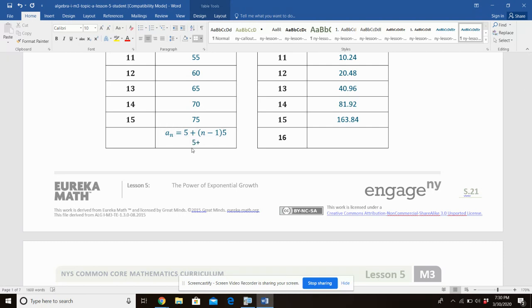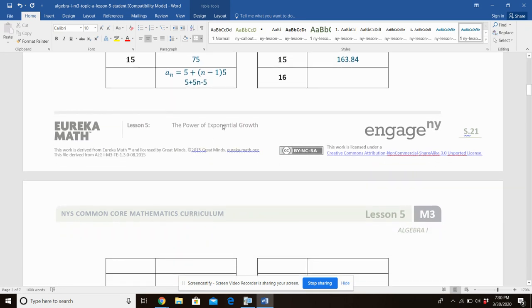So that would be 5 plus 5n minus 5, which would simply leave us with 5n. Now, if I want to know how much the late charge would be after 20 days, I can simply plug a 20 in for that n and say 5 times 20 is going to be a $100 charge. So if he rented it with company number 1, the 20-day late fee would be $100.